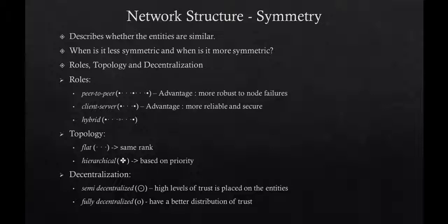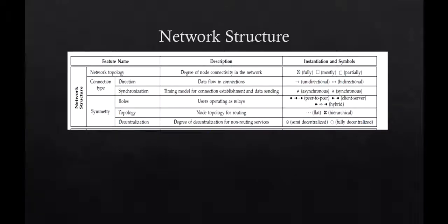Fully decentralized does not include any external entities that it needs to place trust on, so fully decentralized systems have a better distribution of trust. This is the diagrammatic representation of what we have talked about so far and what kind of symbols are used for each and every entity.